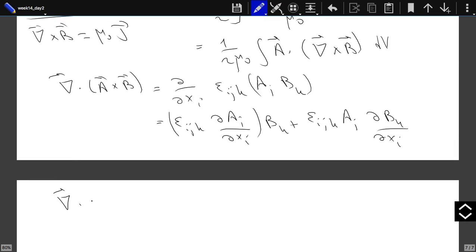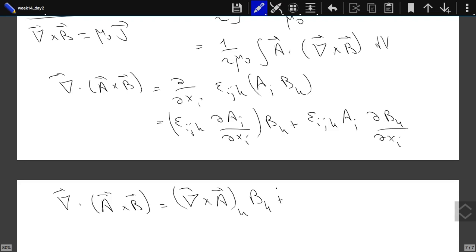So the divergence of A cross B is equal to, well, the first thing is the k component of curl of A times b_k.